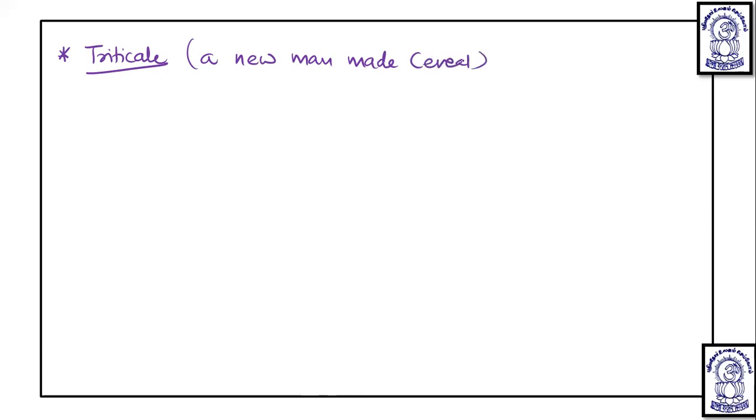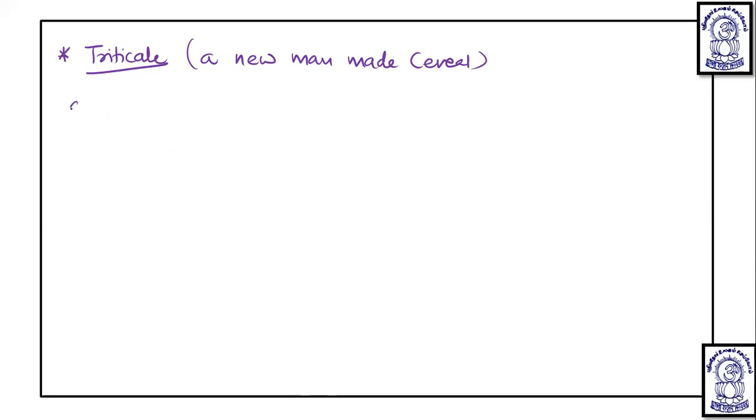Okay. Now in this triticale, the cross is made between Triticum aestivum and Secale cereale. See, triticale can be hexaploid or octaploid. Okay.